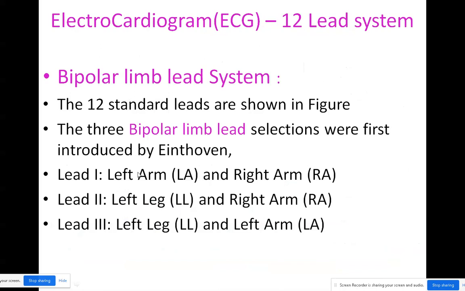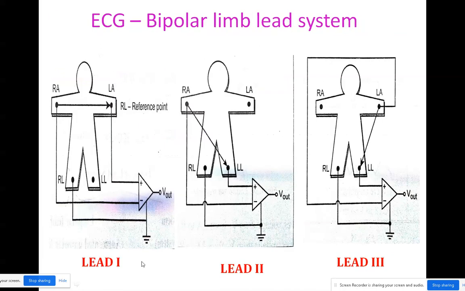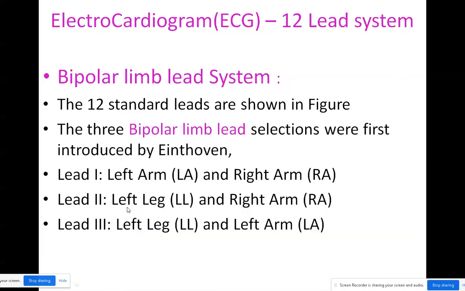Here we are going to use three bipolar limb lead selections, which were introduced by Einthoven. Lead one, lead two, lead three mean nothing but how the electrodes are placed. The location of the electrodes will be different for the lead one, lead two, and lead three systems.